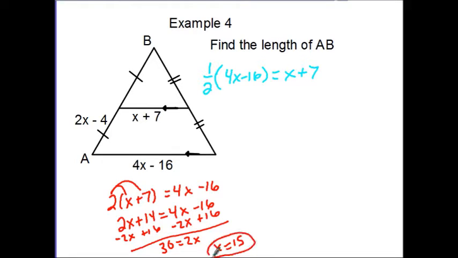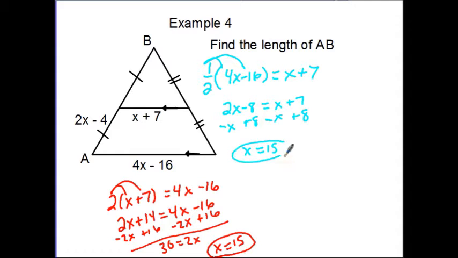Just to make sure that it works, we're going to do it to the top one as well. I'm going to distribute the 1/2 to both pieces. That gives me 2x minus 8 equals x plus 7. I'm going to subtract my x from both sides and add my 8 to both sides, which leaves me with x equals 15 as well. Both answers match.